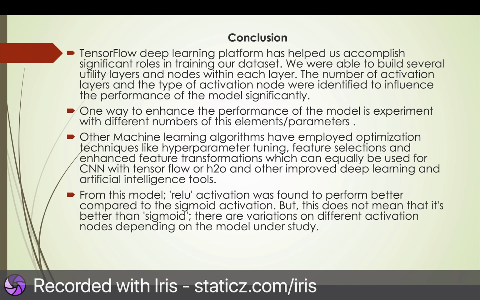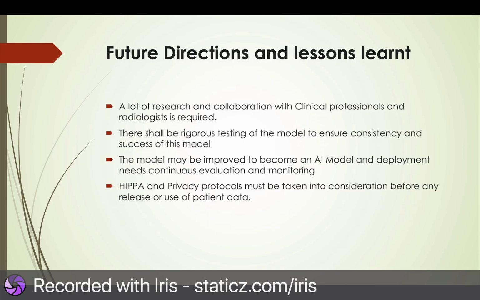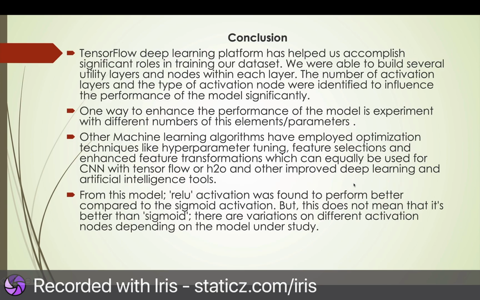We can also use machine learning algorithms and employ optimization techniques like hyperparameter tuning, feature selection, and enhanced feature transformations, which can equally be used for the CNN with TensorFlow and even H2O and other improved deep learning and artificial intelligence tools. So from this model, ReLU activation was found to be performing better than its counterpart, sigmoid.